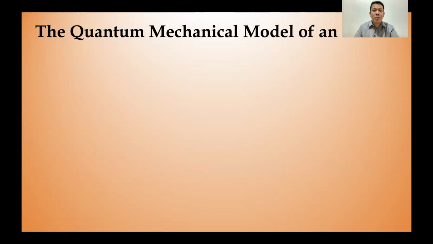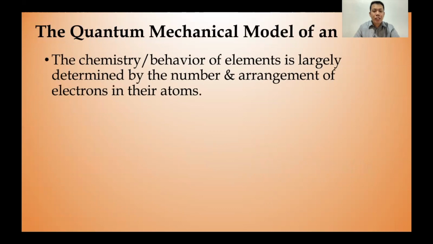All right, so the quantum mechanical model of an atom. The chemistry and behavior of elements is largely determined by the number and arrangement of electrons in their atom. That's why when we talk about atomic properties, we are mostly talking about the electrons.